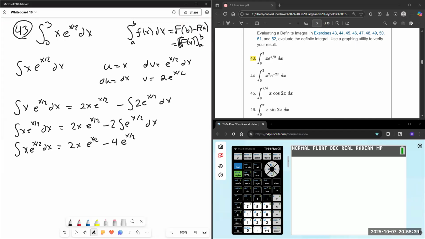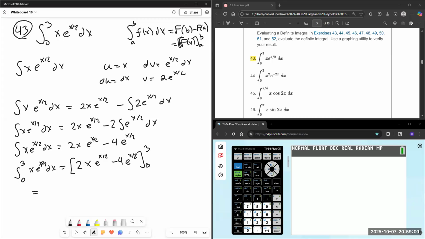And I'm not going to put a plus c on the end because this is going to become a definite integral. 0 to 3, x e to the x over 2 dx is equal to my capital F of x from my formula here that I'm going to evaluate from 0 to 3.